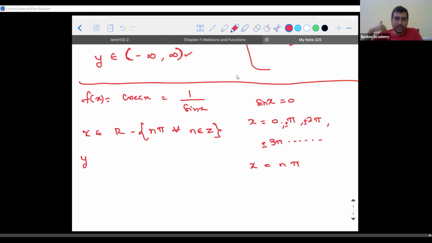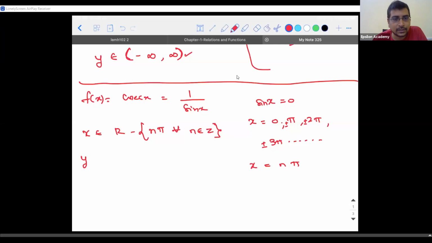If I keep substituting any real number except n pi, what is the limit it can generate on the y-axis? I'll give you a hint. Sin x can generate a value between what and what? Minus 1 to 1. Cosecant x will just produce the reverse of it.